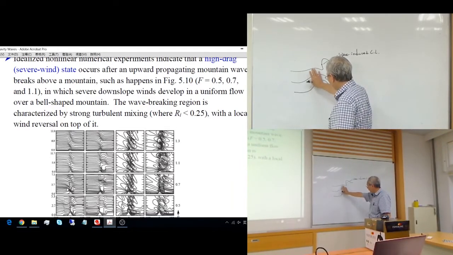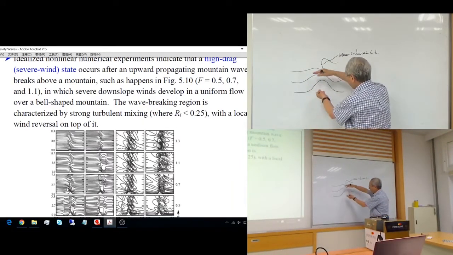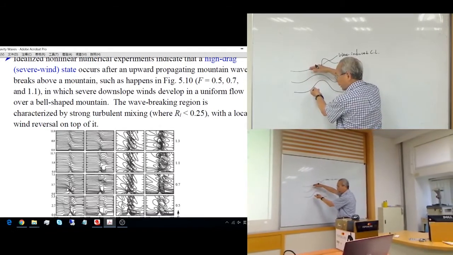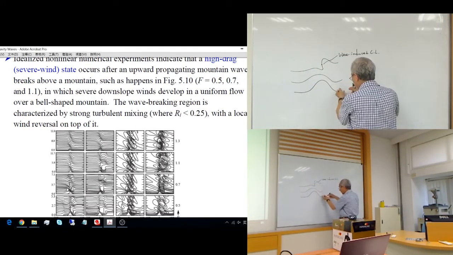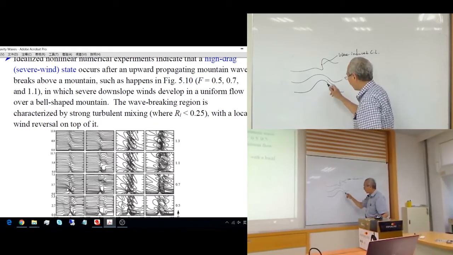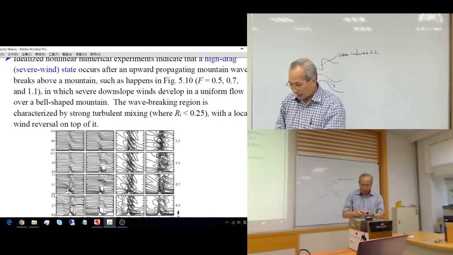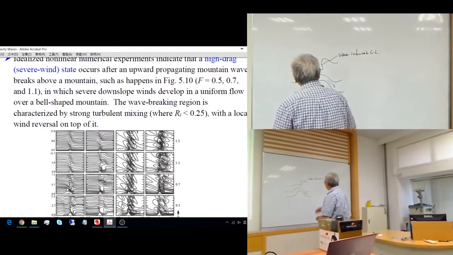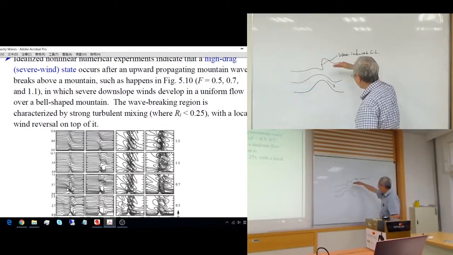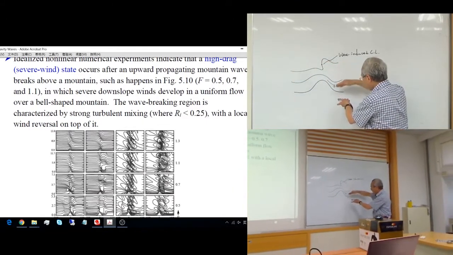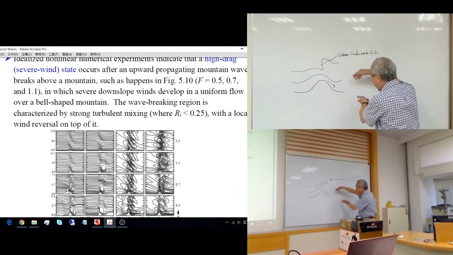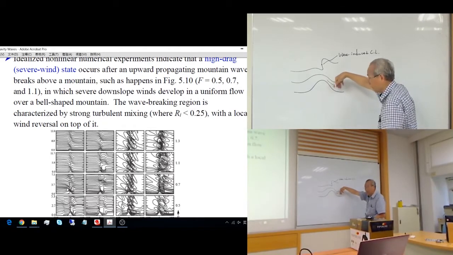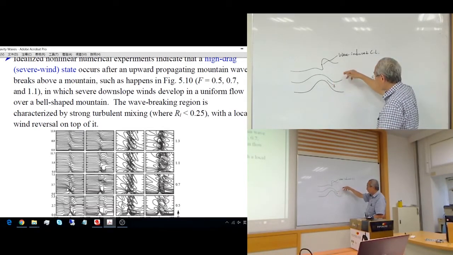Here you build up the potential energy, and when you get enough energy, it converts into kinetic energy and rushes down here, and then produces a hydraulic jump. Once you have this, it also provides a wave duct. So the wave energy is confined within this lower layer, and so the wind becomes very strong. This is called amplification.